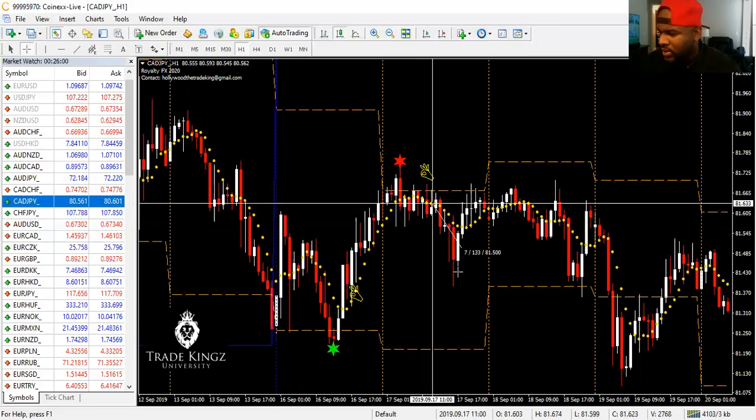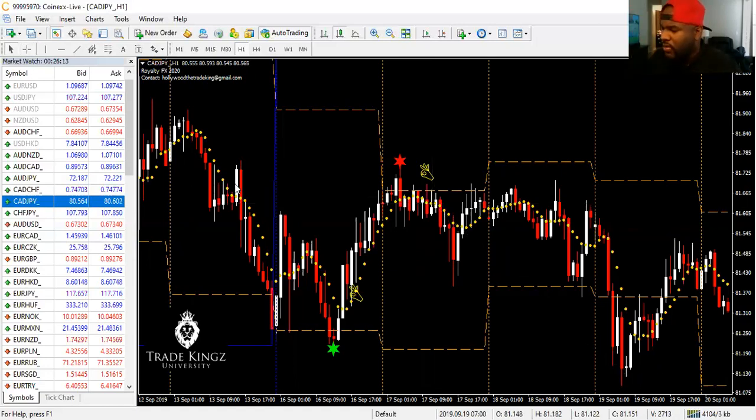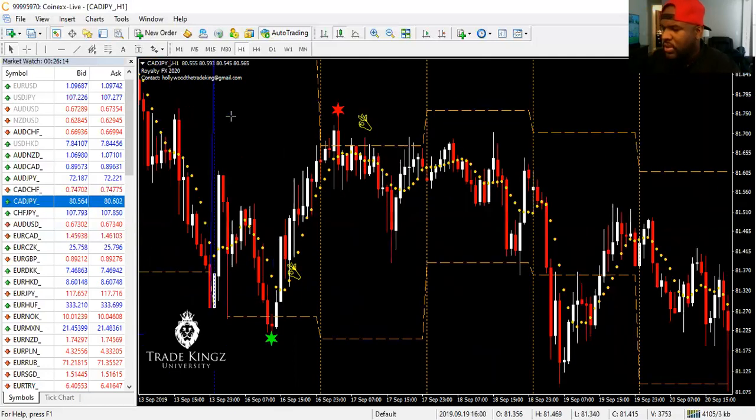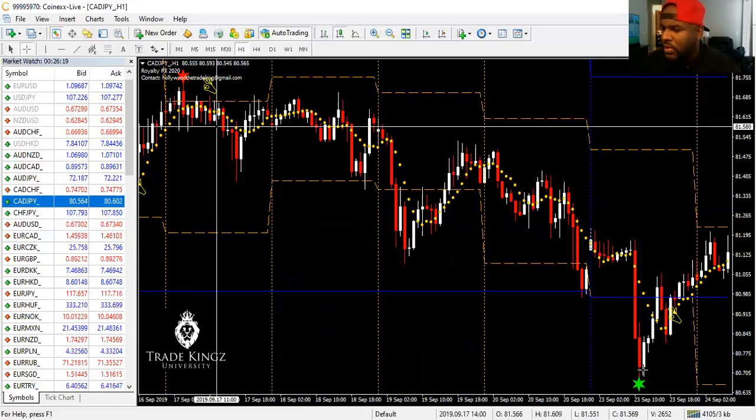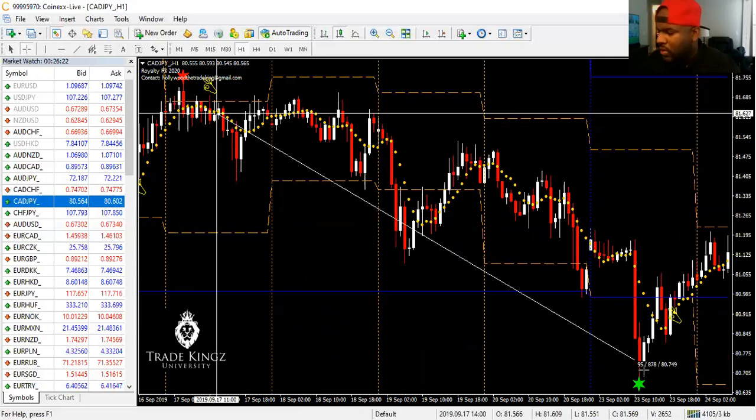You could have cashed out at about 20 pips or so, or you could have cashed out at 50 pips. The market did keep going down. Let's measure that. About 92 pips.